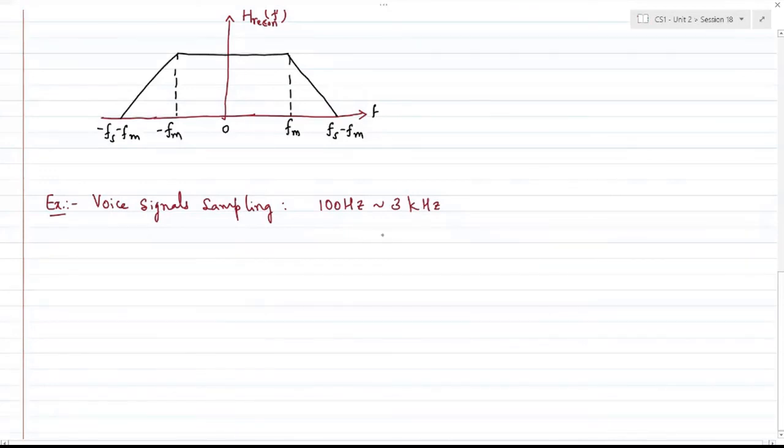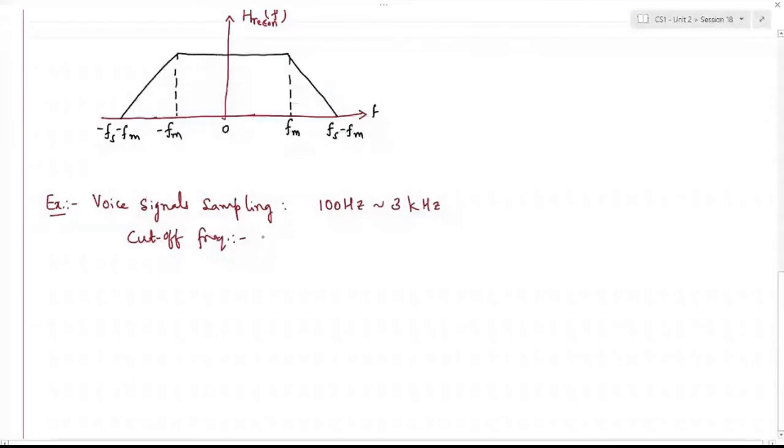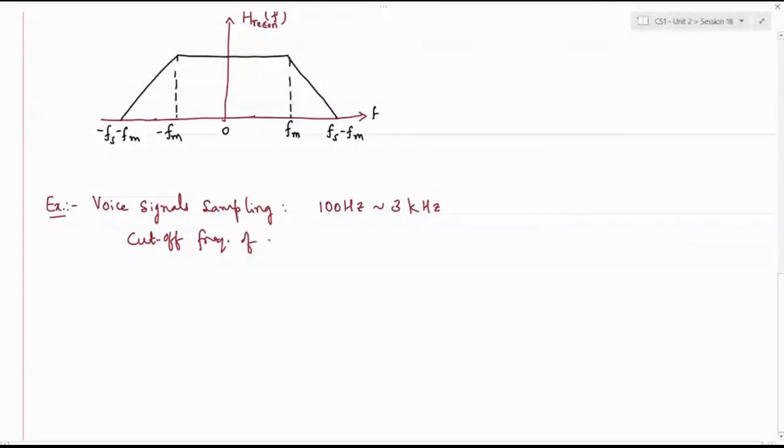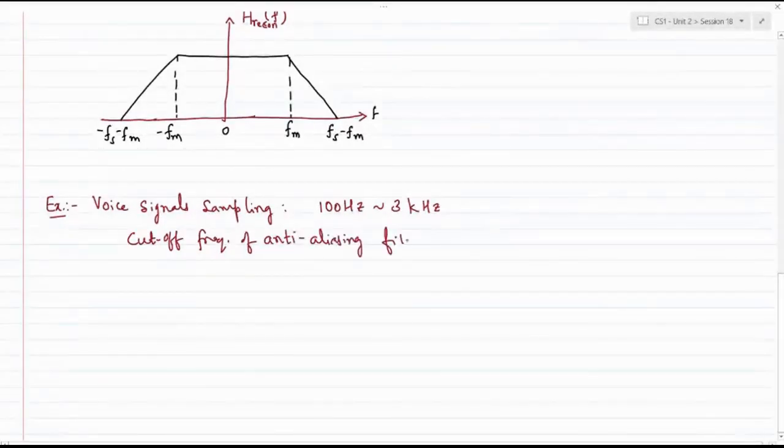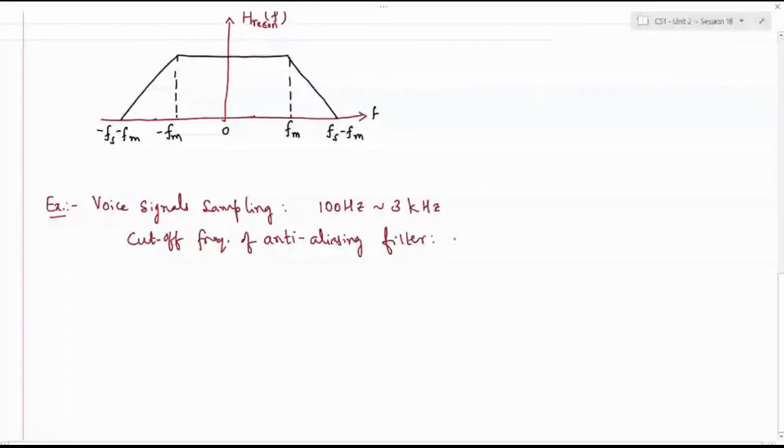The cutoff frequency of the anti-aliasing filter will be around 3 kilohertz, such that it ensures that there is no information getting sampled which has frequency components more than 3 kilohertz.